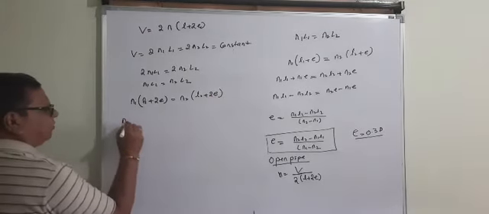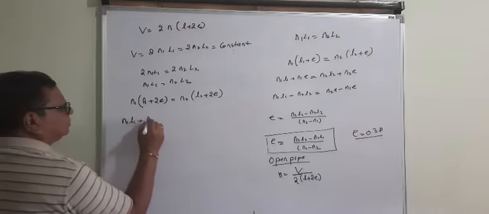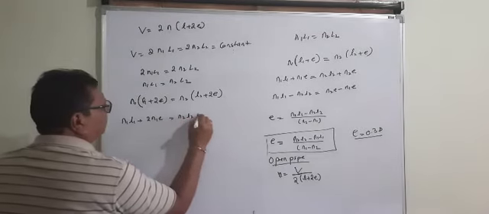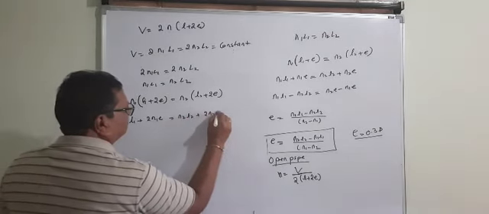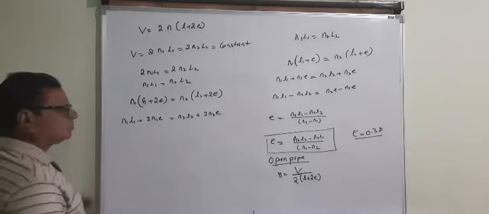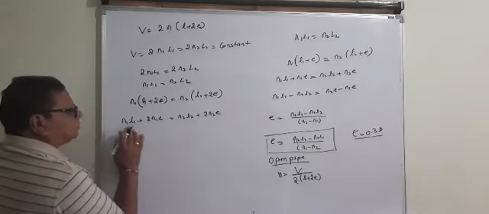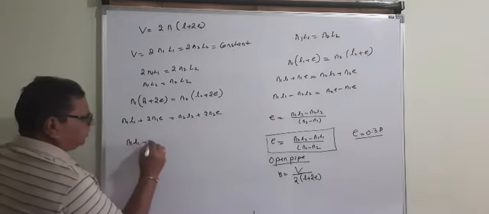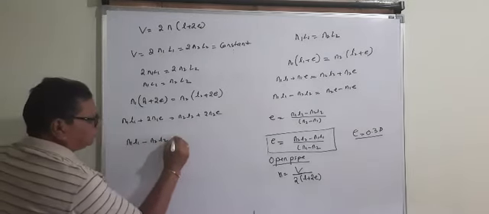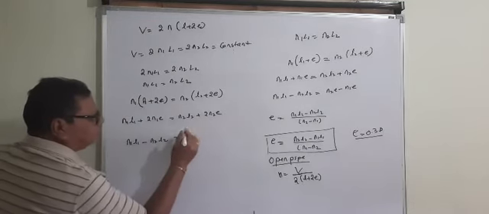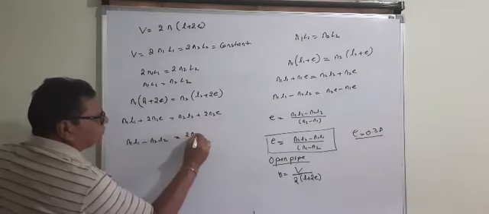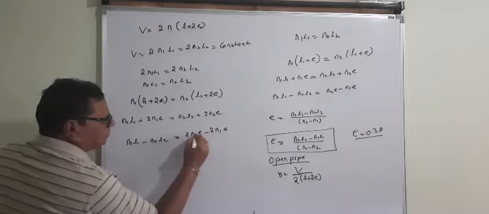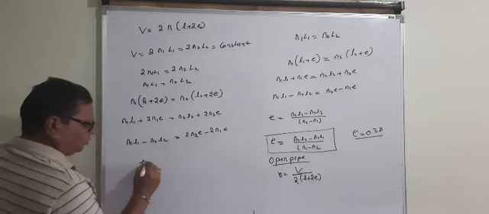Again simplify: N1 L1 plus 2 N1 E equals N2 L2 plus 2 N2 E. We take the left-hand side N1 L1 minus N2 L2, and the E term to the right-hand side, 2 N2 E minus 2 N1 E. Finally we get E is equal to what?